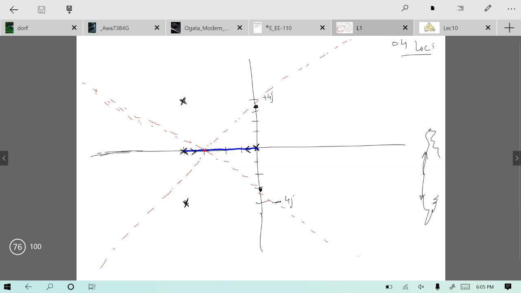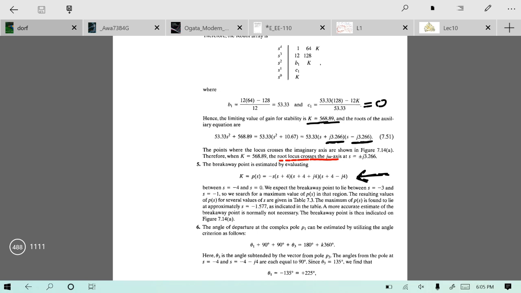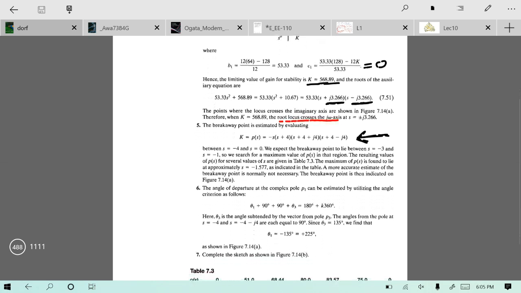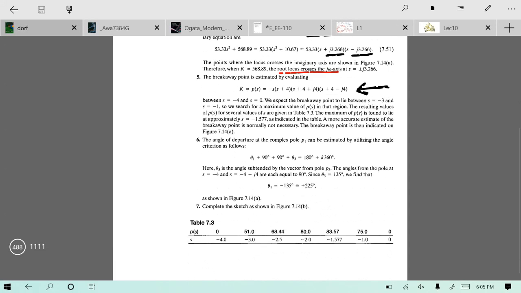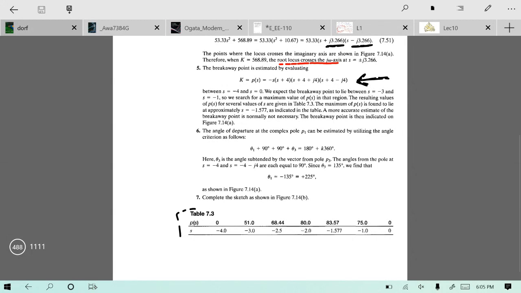What would be that value? That would be the value where the value of k is maximum. For example, you have the expression of k over here. Put the value of s from 0 to minus 4, and the point where you get the maximum value of k is the breakaway point. Simple. For example, look at this table 7.3.